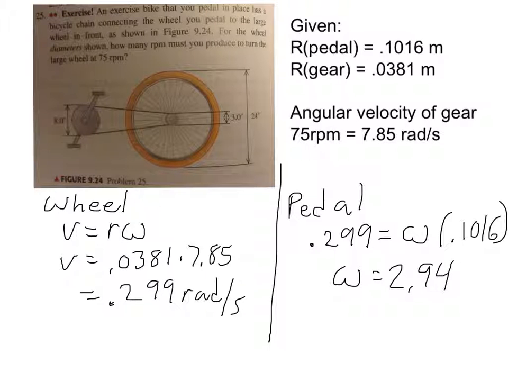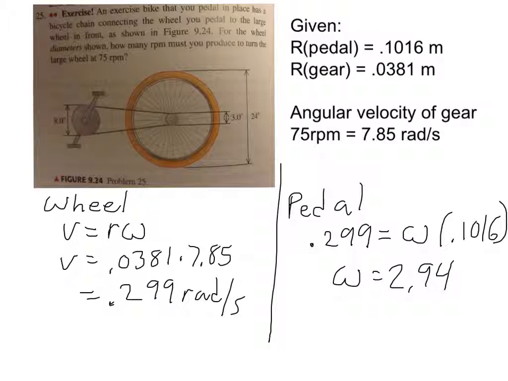So to do number 25 in chapter 9, you're given that the radius of the pedal is 0.1016 meters.